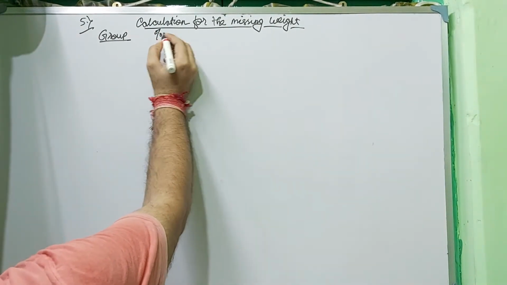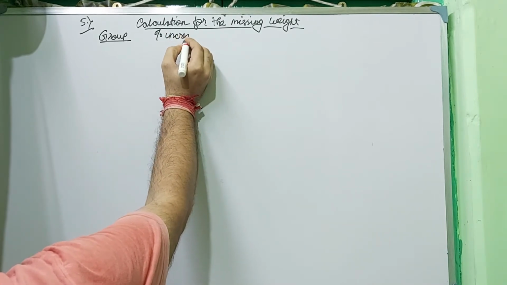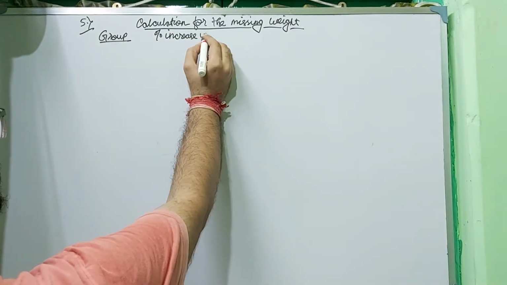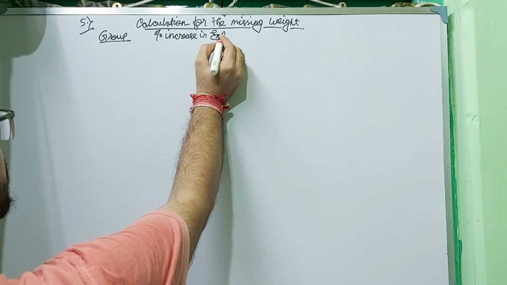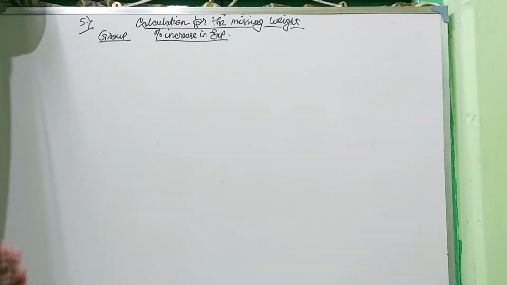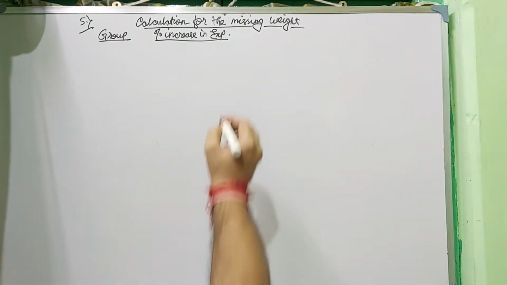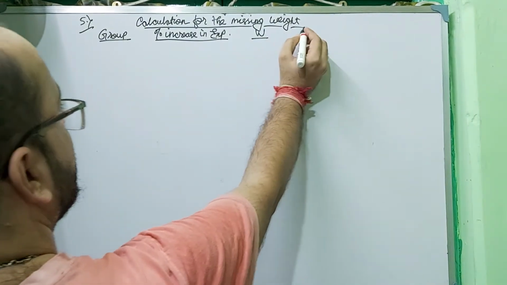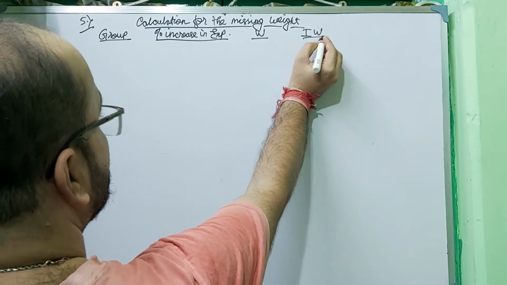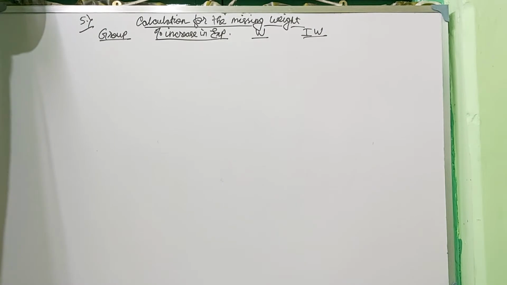The percentage increase in expenditure is given. The weight has been given as W, and you need to calculate IW.